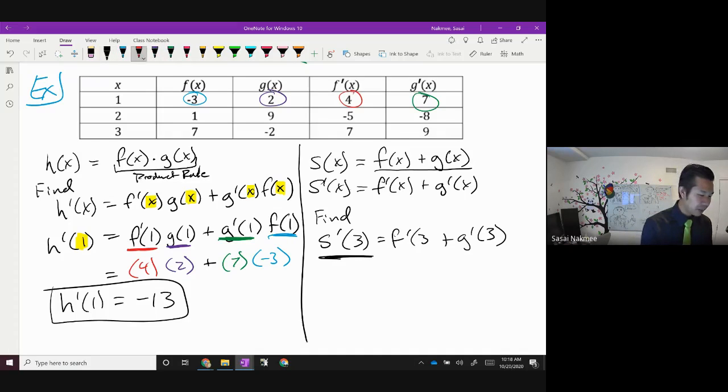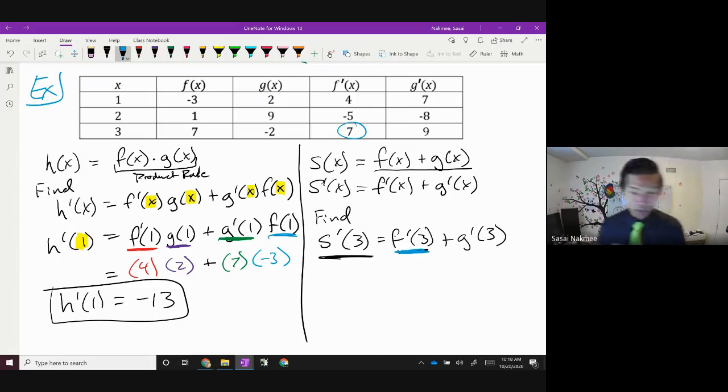Let me erase these colors and start over. F prime of 3 is simply 7. And the derivative of G evaluated at 3 is simply 9.